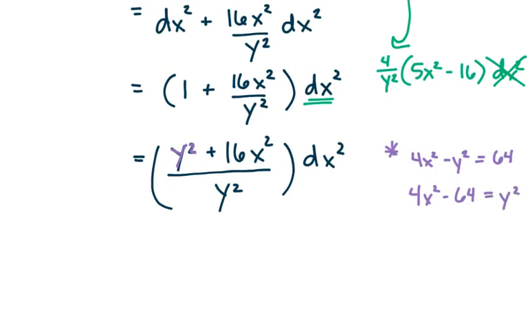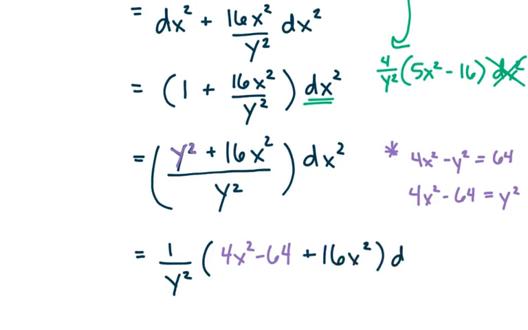I'm going to plug that in for my y squared in the numerator. So I'm going to go ahead and factor out the y squared in the denominator. And what that leaves me now with is 4x squared minus 64 plus 16x squared dx squared.